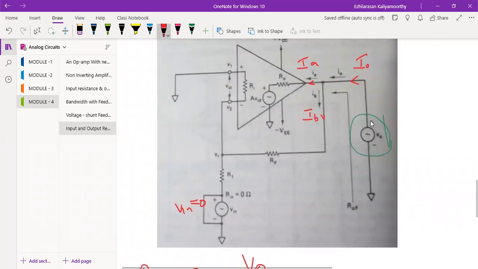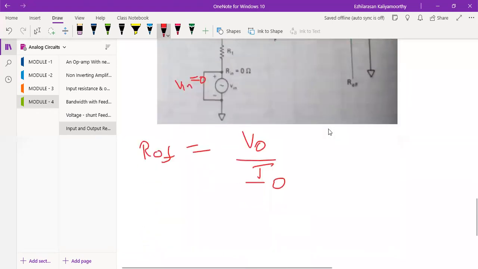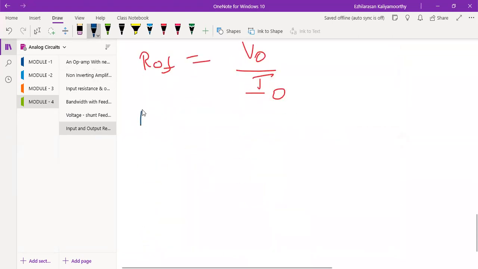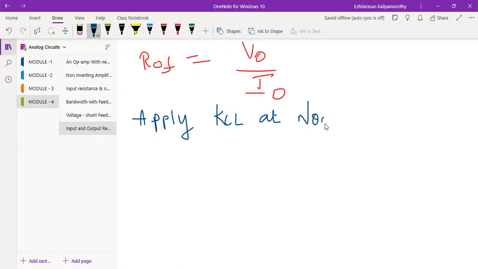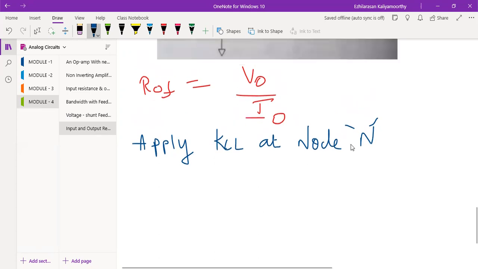For that, we need to apply the node. See, this is the node here. I will consider this as the node N. So apply KCL at node N.